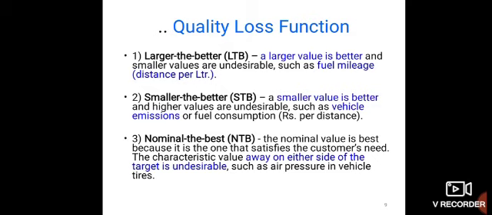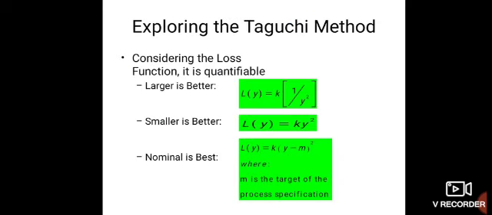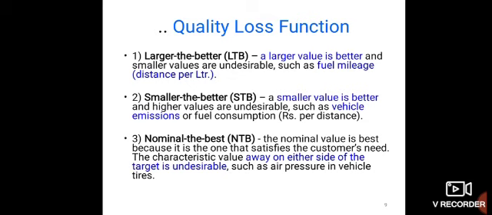The nominal value is best because it is one that satisfies the customer's need. The characteristic value away on either side of the target is undesirable, such as air pressure in vehicle tires. If the air pressure is high, it is loss to the customer. If it is low, then again loss to the customer.